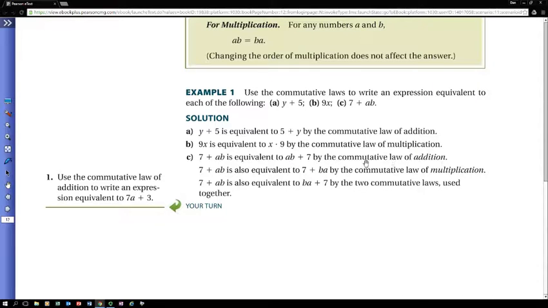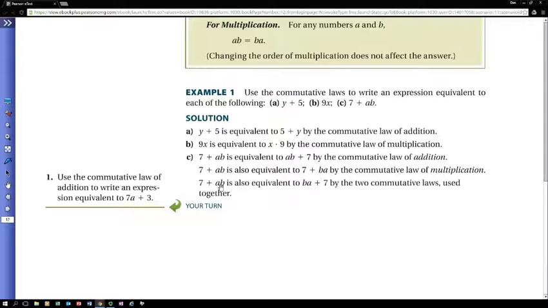So when they say the commutative law of addition, they're saying I just want to see that commutative law used on the property of addition. If they say I want the commutative property of multiplication, then I would leave the addition in the same order and only change the order of the multiplication. This a times b changes to b times a.